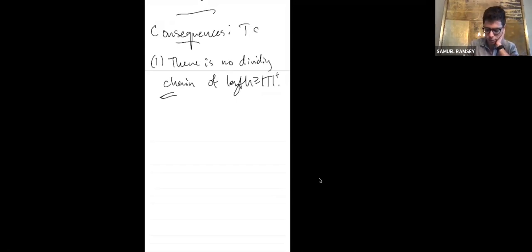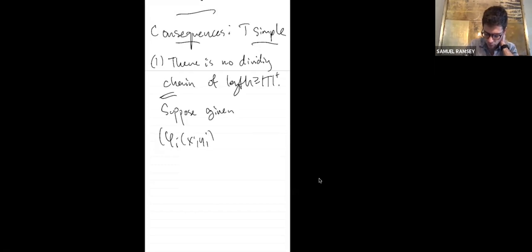Let's assume t is simple. Then there's no dividing chain of this length. Why? Well, suppose you have one. What do I mean by a dividing chain? I mean a sequence of formulas phi(x, y_i), i less than t plus, and a sequence of numbers k_i, i less than t plus.